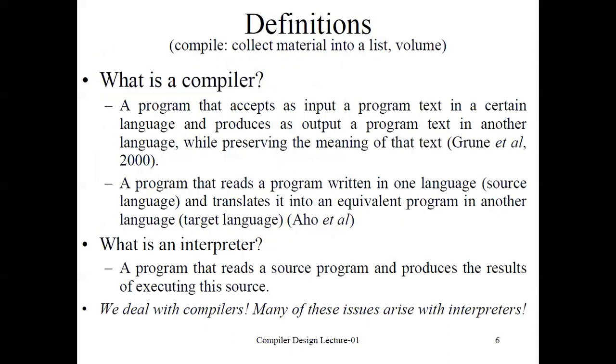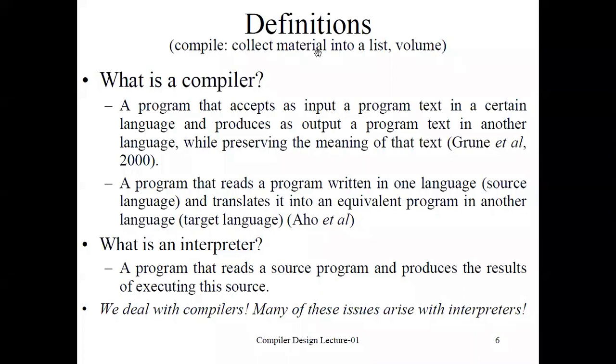Then let us move to the introduction to compilers. First we will see some definitions. What is a compiler? Then there are other alternatives to compilers, called interpreters, followed by some other concepts. We will see them one by one. The term compile in general, what is the meaning of the term compile?